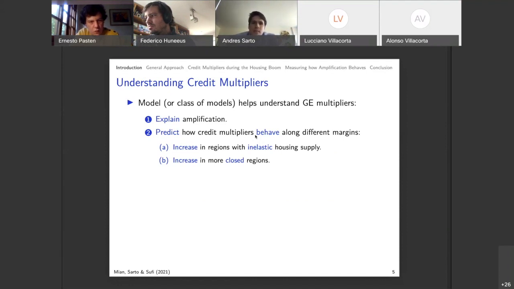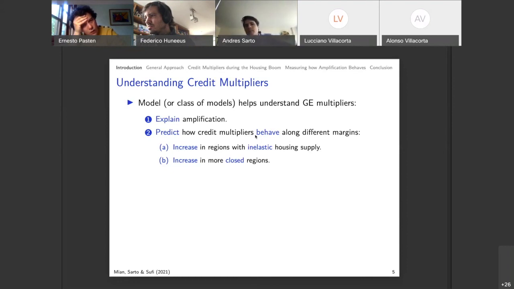The model is going to be useful for thinking about the amplification, but then we're going to take it a step further, because we are also going to ask the model: if this were the mechanism generating the amplification that we observe in the data, then how should this amplification behave along different margins? And so the model is going to have some predictions on how the amplification should behave.